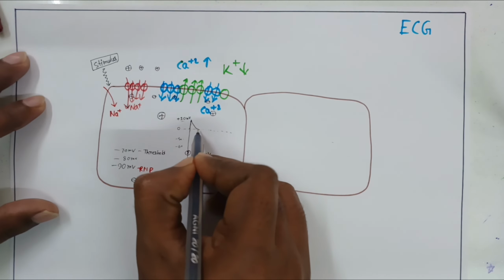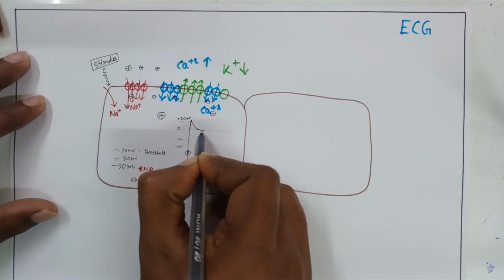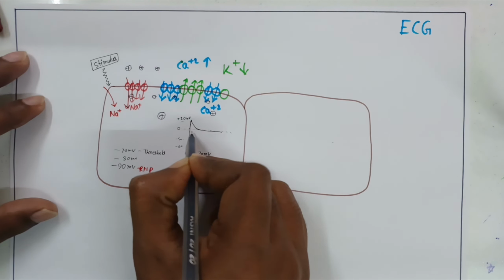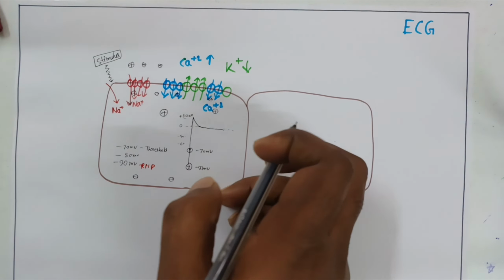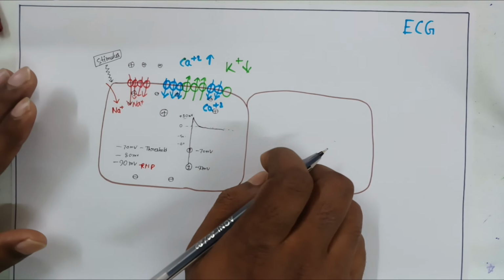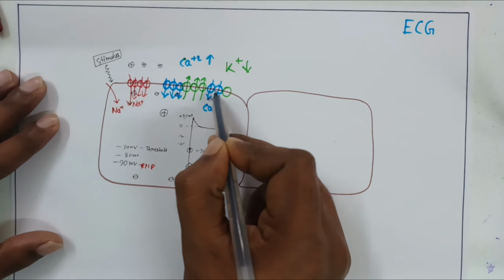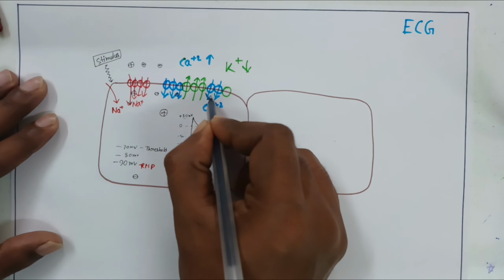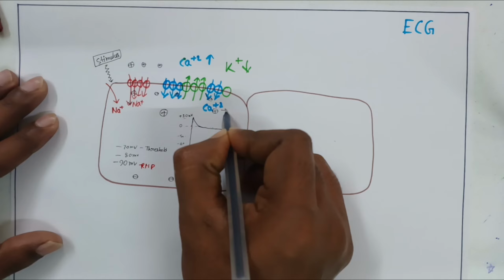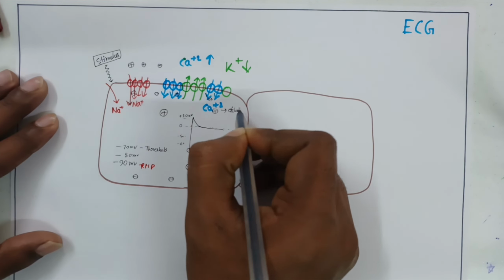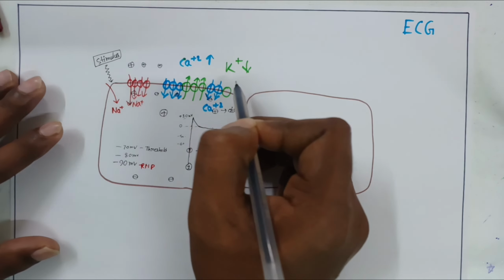That means it balances the membrane potential, so it tends to 0 for a few moments. After a while these calcium channels get closed, so no extracellular calcium gets in, but the potassium channels are still open.